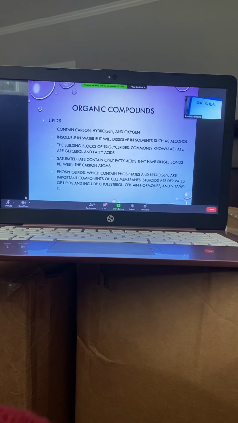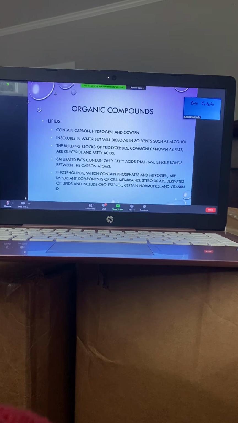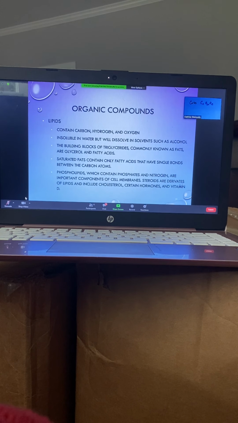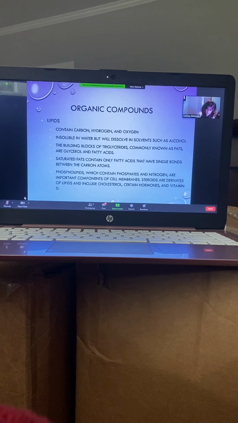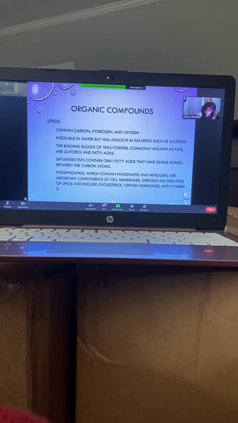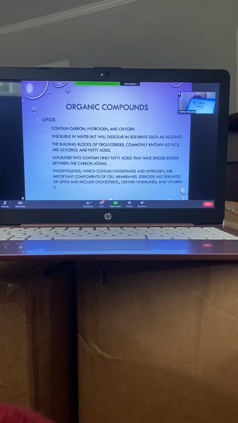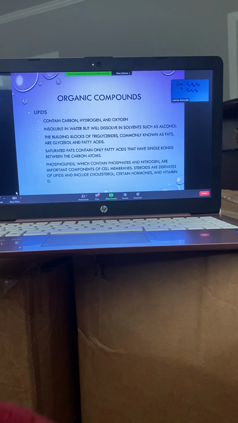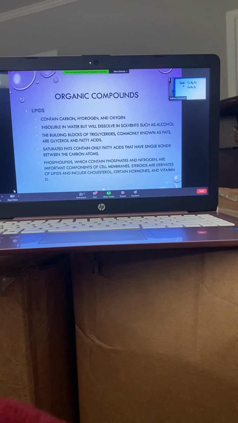Carbohydrates tend to have a ratio of that, give or take. Some exceptions here. So if you have C6H12O6, you've got glucose. It just tends to have that pattern.